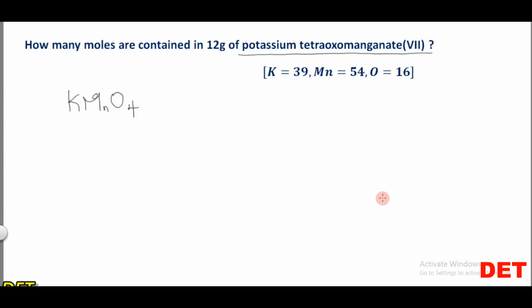All right, so we know that 1 mole of potassium tetraoxomanganate 7 is equal to the relative molecular mass of potassium tetraoxomanganate 7.